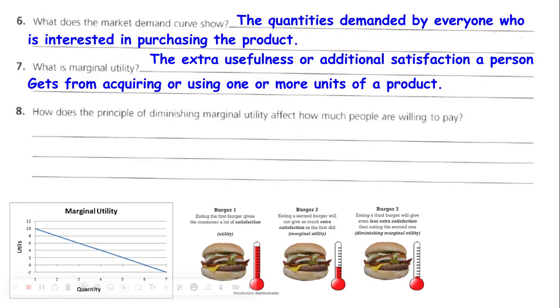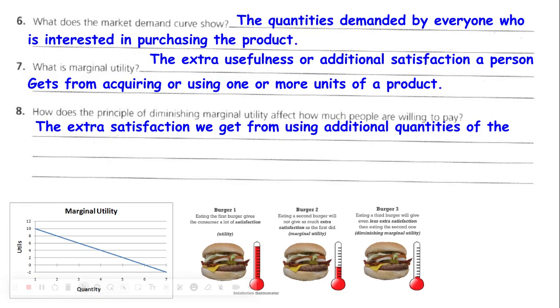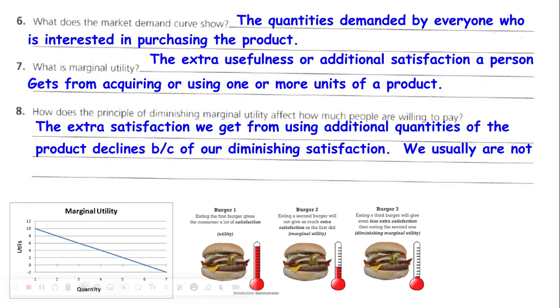So there is this thing called diminishing marginal utility, and that's where number 8 is leading us. How does the principle of diminishing marginal utility affect how much people are willing to pay? So you get that extra satisfaction from using additional units of a product, but it declines because of our diminishing satisfaction.